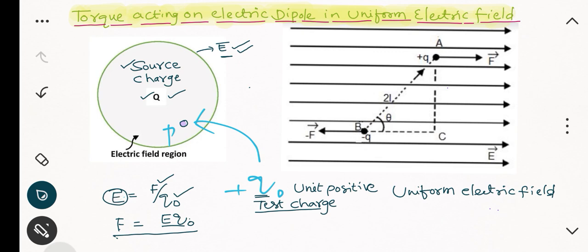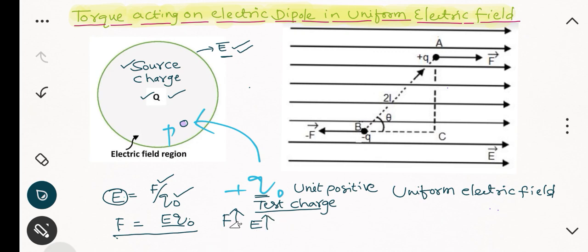That is, the electric field intensity depends on the force experienced by the test charge. If the force experienced by the test charge in an electric field is greater, then the electric field intensity will be greater.